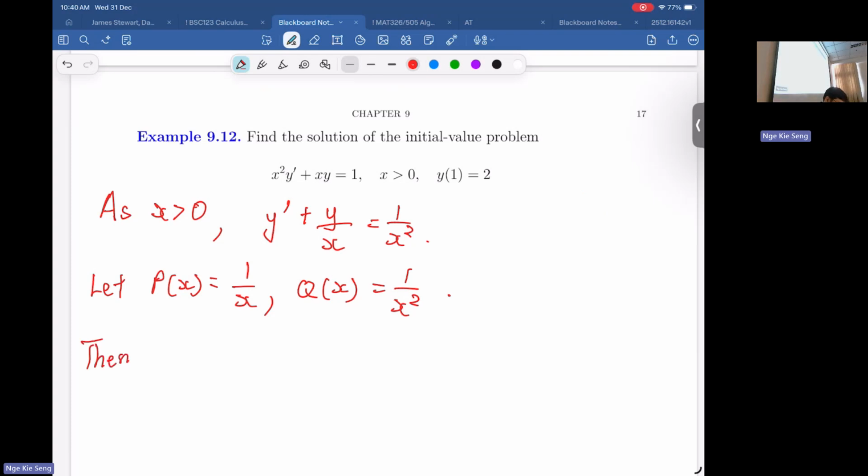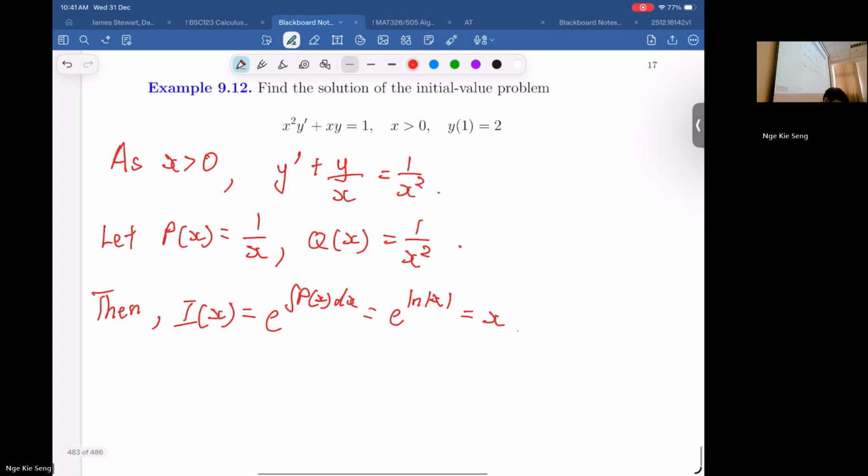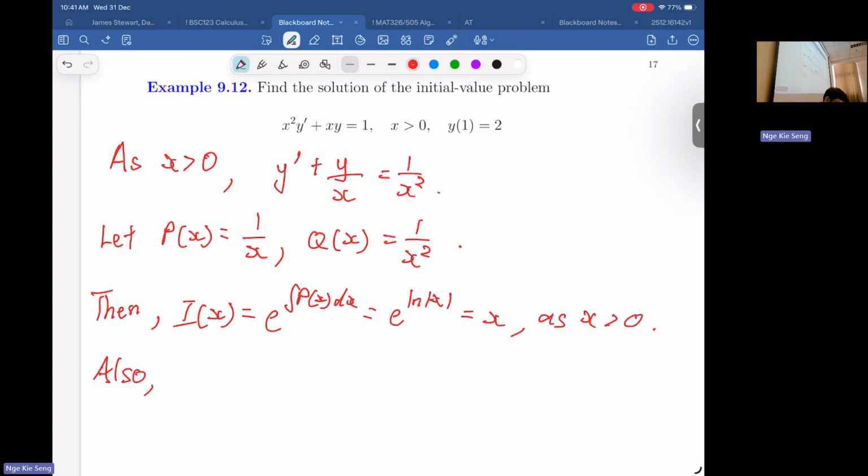So then what's your I? Your I is e to the integral of P(x), which is e to the ln of the modulus of x, but x is always greater than 0, so this is just x. Then what's your solution? y, which is 1 over I(x), integral of I(x) Q(x) dx.